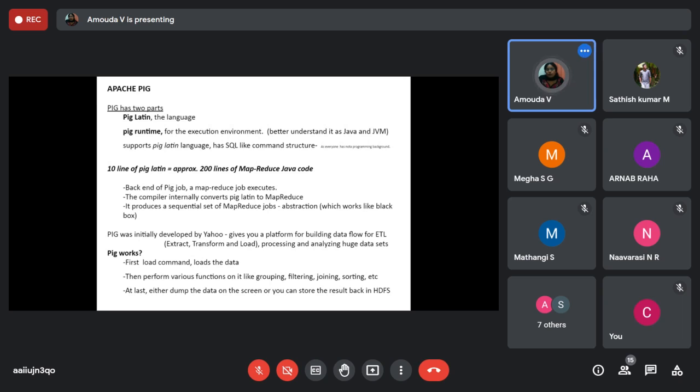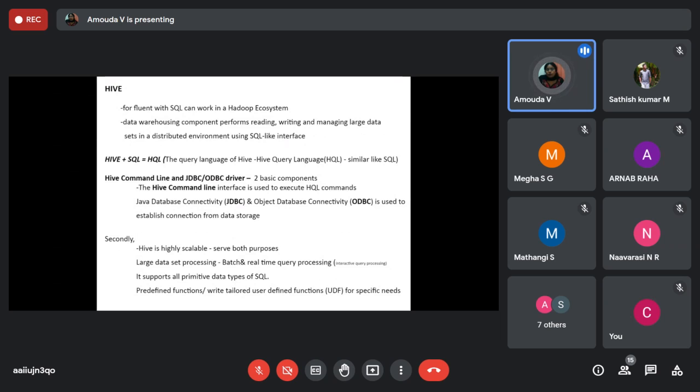It is using Java. Those who know a programming language can use this PIG module for execution, and also SQL. If you are aware of SQL, better, MSc students can do this using PIG for processing because they know SQL better. And then Hive.